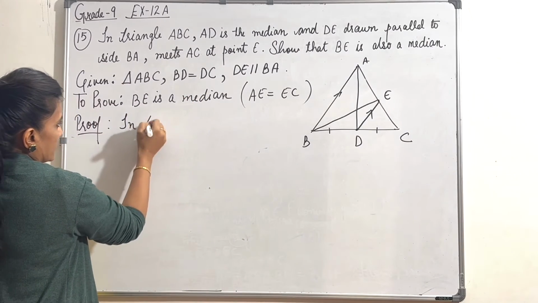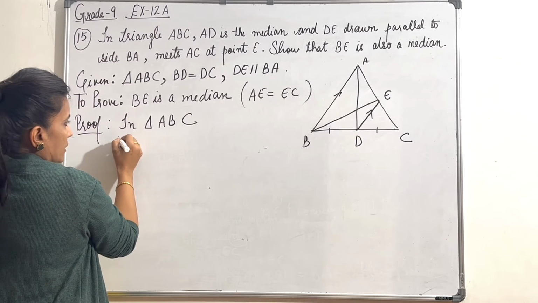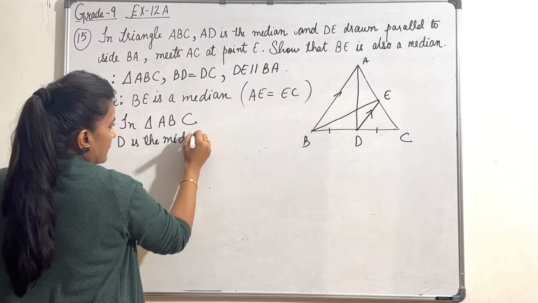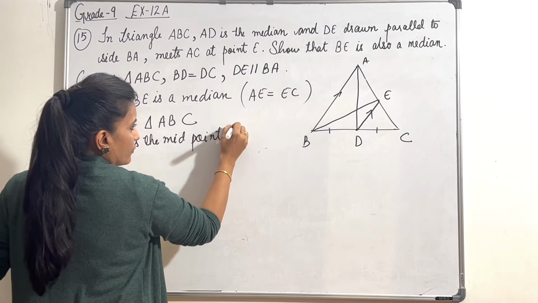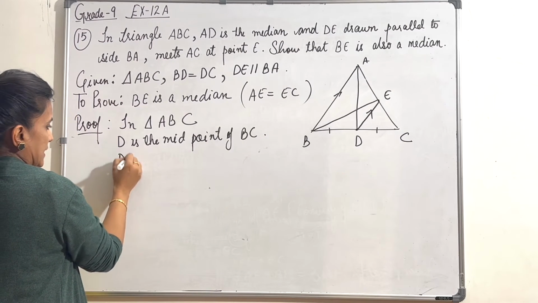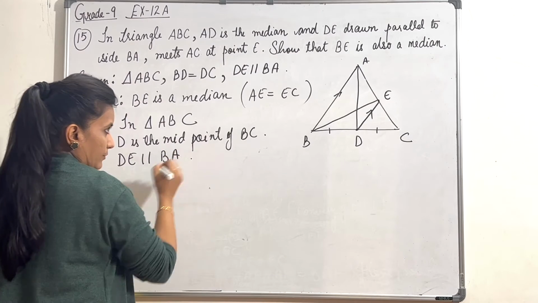So in triangle ABC, D is the midpoint of BC and DE is parallel to BA.